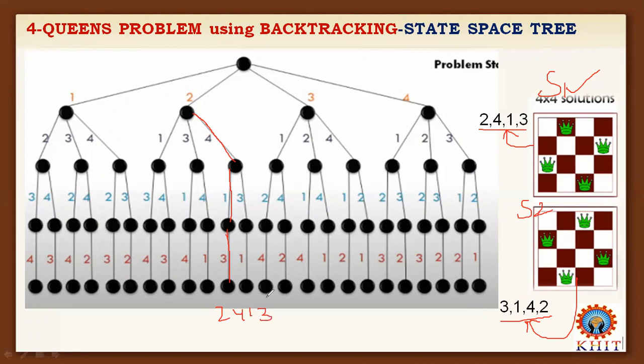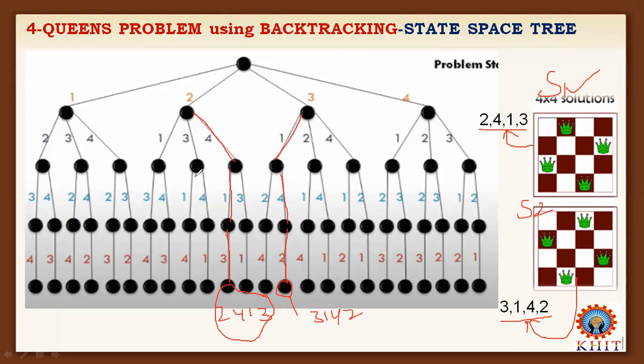This is one result. Next result is 3, then 3, 1, 4, 2. This is another result, representing 3, 1, 4, 2.